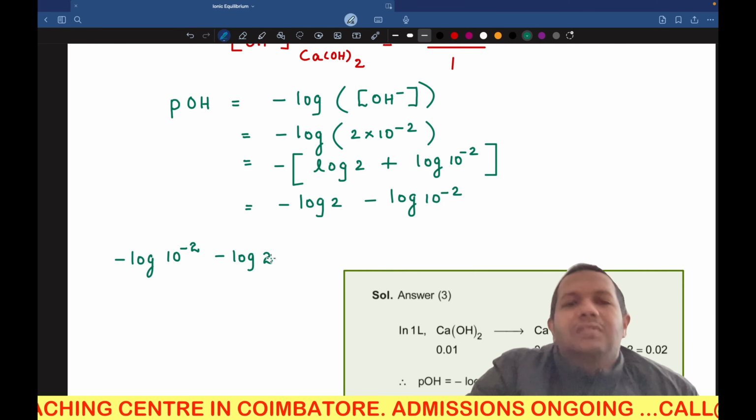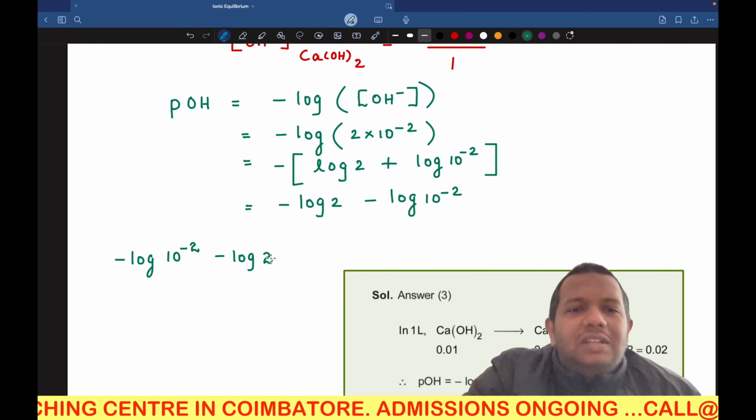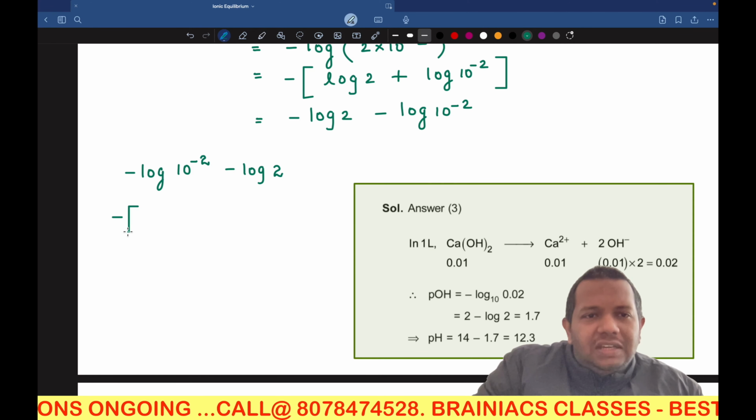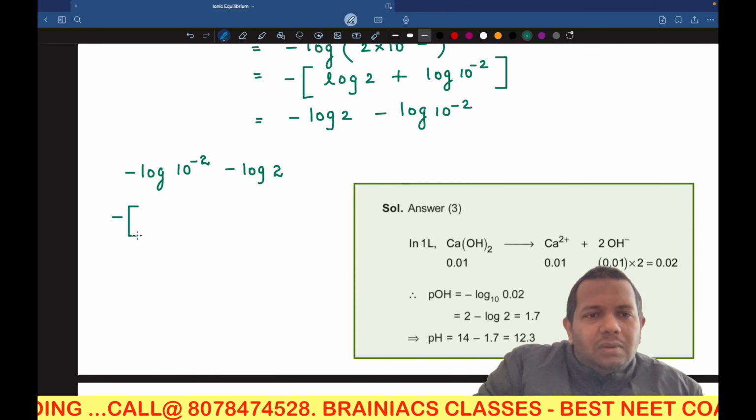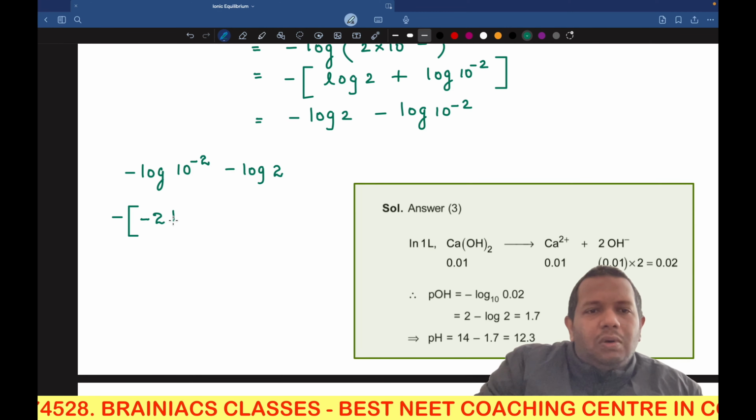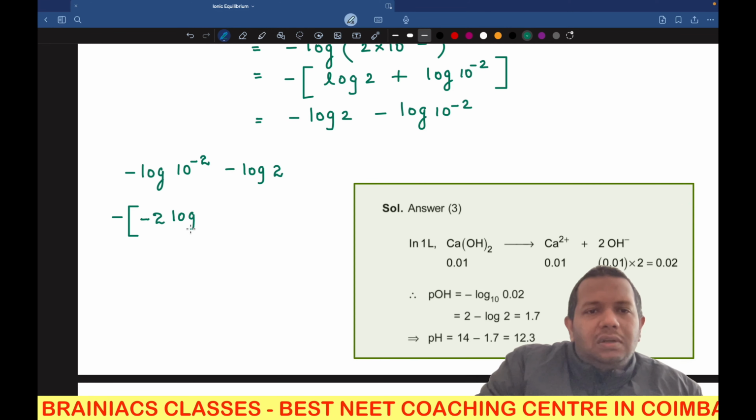I can rewrite it like this so that it becomes more clear. It is better to put the minus outside so that you can do the calculation and then take it inside. So minus 2 would become minus 2 log 10, and this would become log 2.